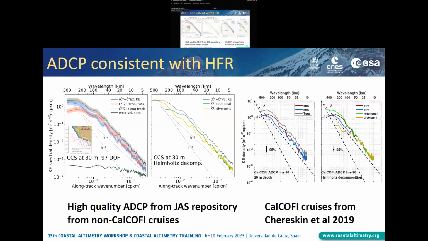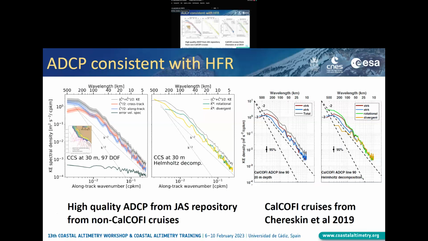That's also something that radars typically don't do. They're capped by the mapping procedure, not unlike the procedure for mapping altimeter data that really degrades the scales it resolves. But that's not a limitation of ADCP currents.